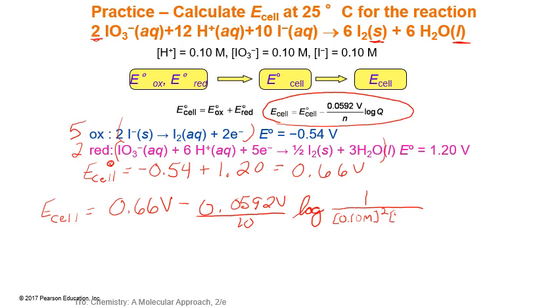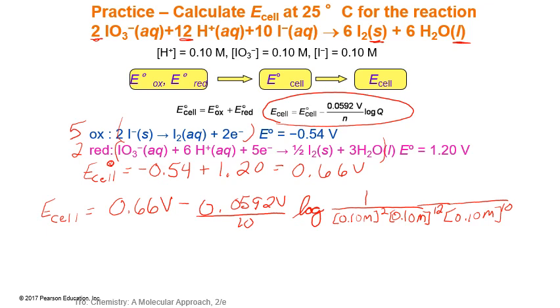Our acid concentration, which again is 0.1 molar, and that is going to be raised to the 12th power, times our iodide, I-, which is also 0.1 molar, and that is going to be raised to the 10th power.